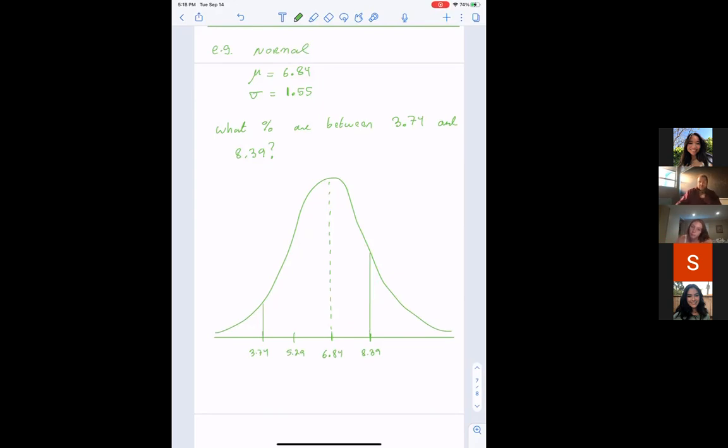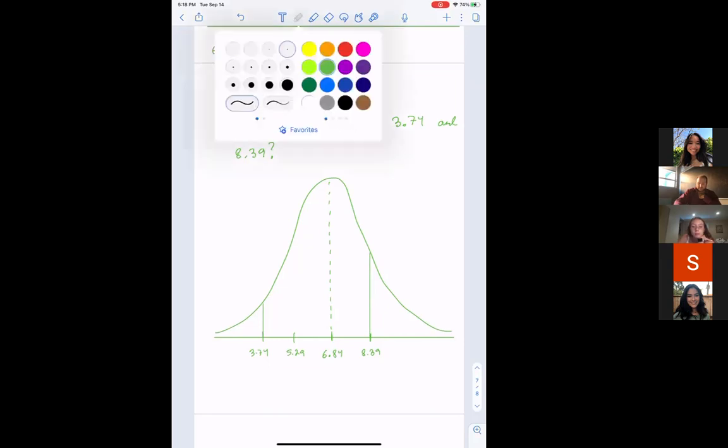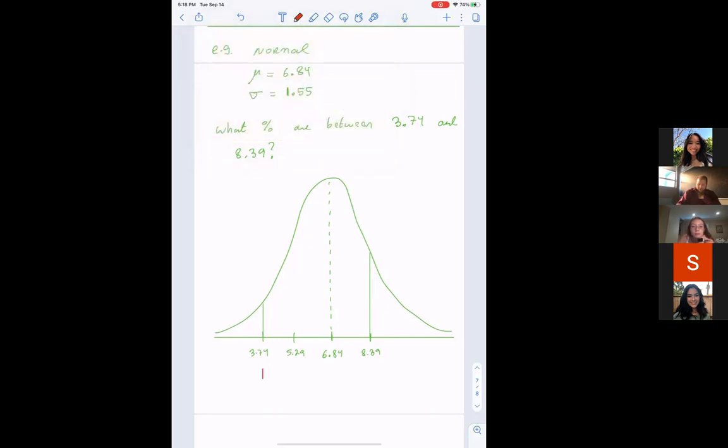Okay, so the question now becomes, what is the area between these guys? Well, let's do the following. First, if I were to go 2 deviations in both directions, what percent would be in that entire area? 95%, which means the left half of that is how much? 47.5%.